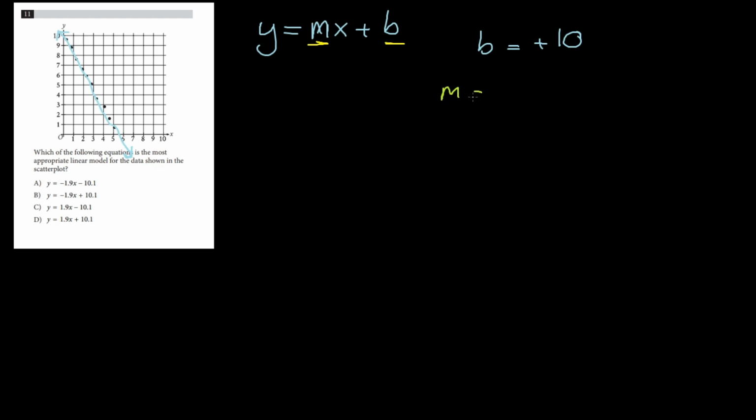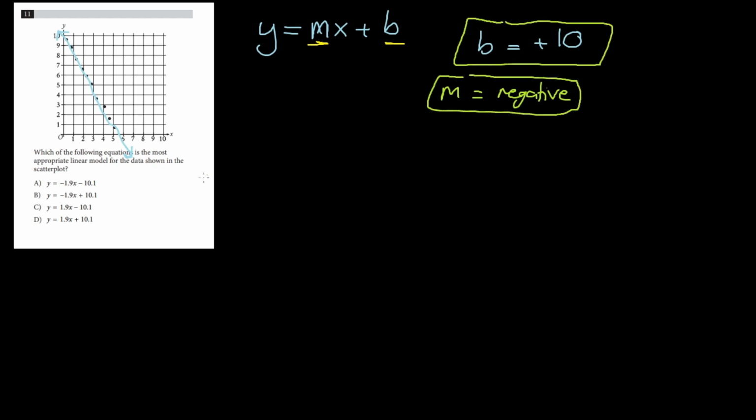So m is going to be negative. And then we don't even need to calculate what our slope is because these values are all the same. So we can actually just use process of elimination on our answers. So we know that our y-intercept is positive and our slope is negative. So our answer is going to be B.